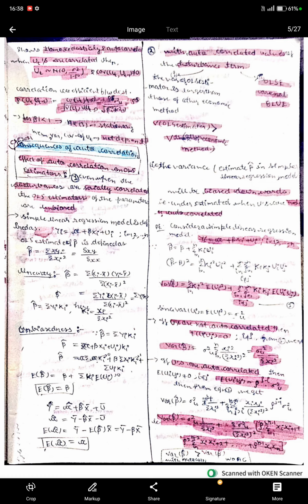So variance of beta cap equals sigma square by Sxx plus 2 sigma square u by Sxx whole square in bracket rho summation i from 1 to n minus 1 xi into xi plus 1 plus rho square summation i from 1 to n minus 2 xi into xi plus 2 and so on plus rho to the power n minus 1 x1 xn, bracket close.